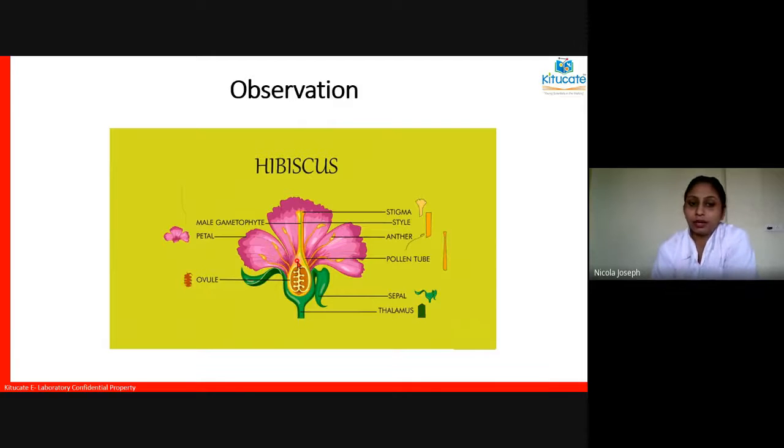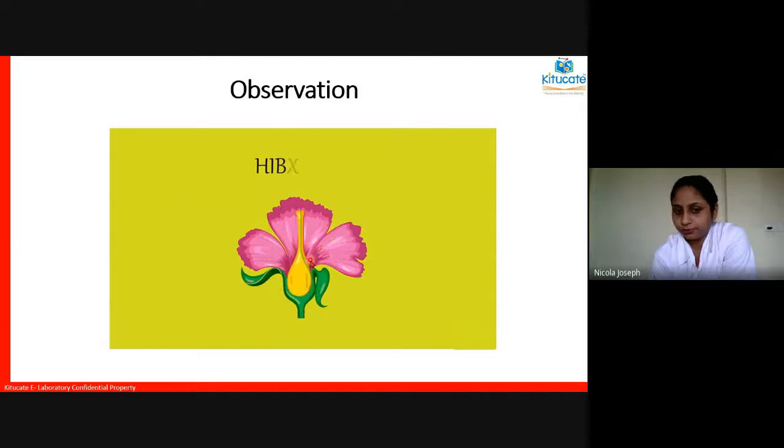Now let us take a look at the parts of the stamen. Look closely at the stamen, the thread-like structures coming out. The stamen has 2 parts. The top one is the anther, and the stalk of the anther is called the filament.